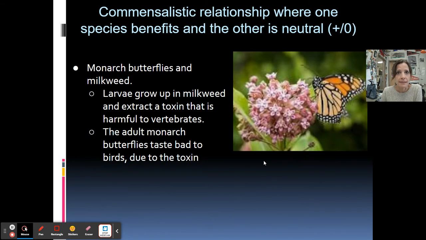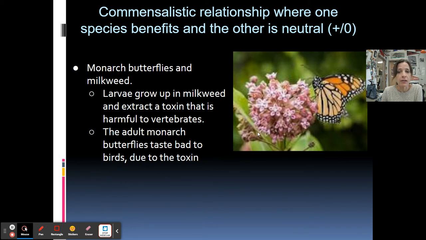And so the cecropia tree and the ants are kind of similar to that tangarana tree. Commensalism is where one benefits and the other one is neutral. An example of this would be the monarch butterflies and milkweed. The larvae grow inside the milkweed and take up a toxin that's harmful to vertebrates. So the adult monarchs are going to be bad tasting to birds, which are one of their predators, because of the toxin.